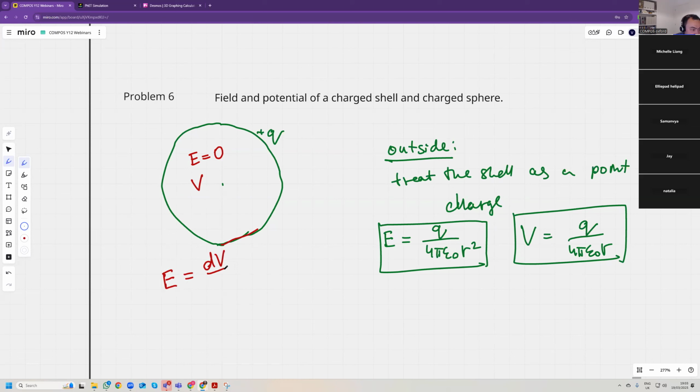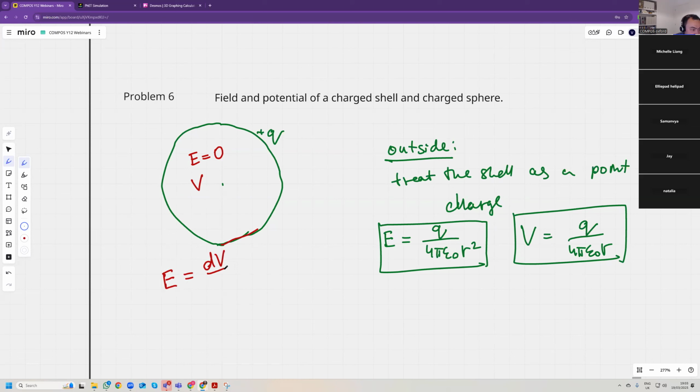Because E is 0, that means V is constant. V has to be constant because the derivative of V is 0, and E is the derivative of V. If V is constant, that means it's the same as it is at the surface.